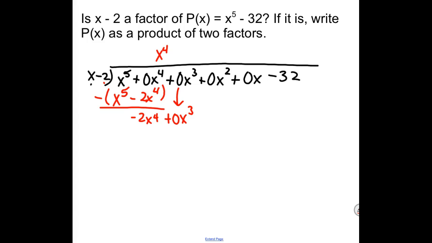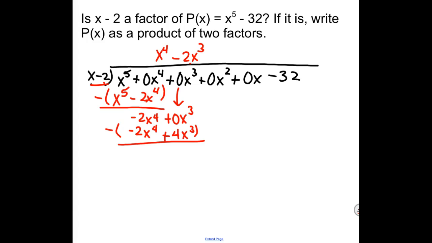Bring down my next term, which is a 0x cubed. Do our division again. We're taking an x out, so we end up with negative 2x cubed. Take our negative 2x cubed times this whole thing. We get negative 2x to the 4th plus 4x cubed. We're subtracting.